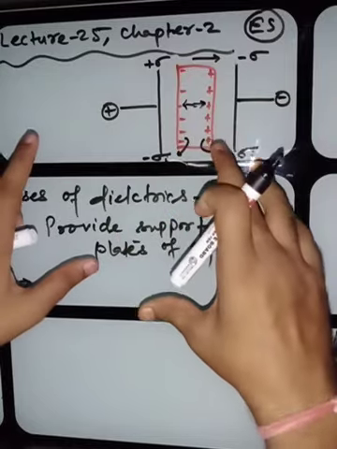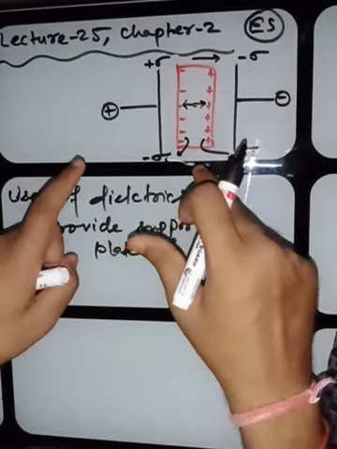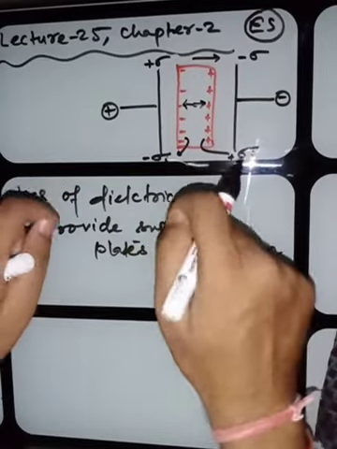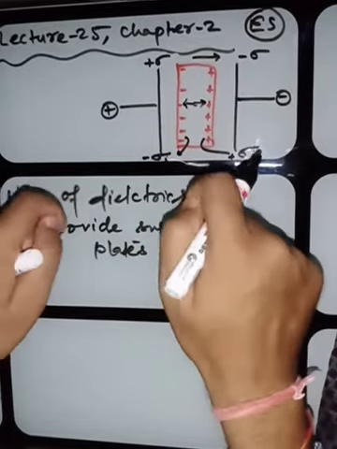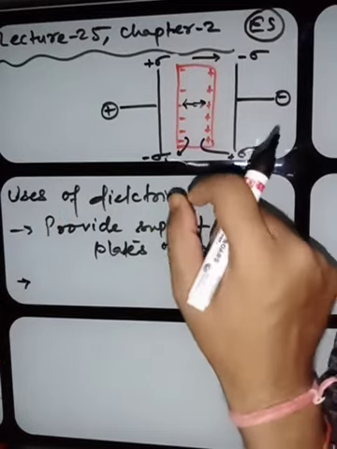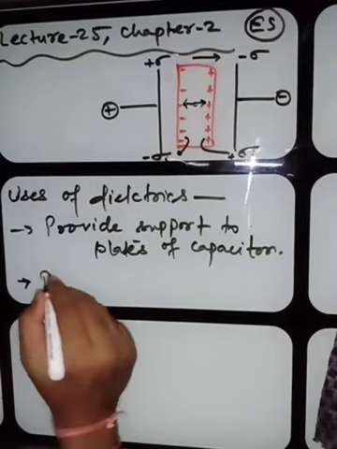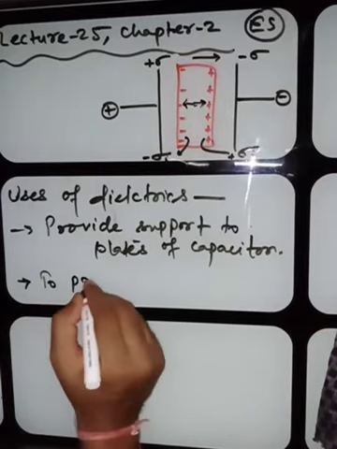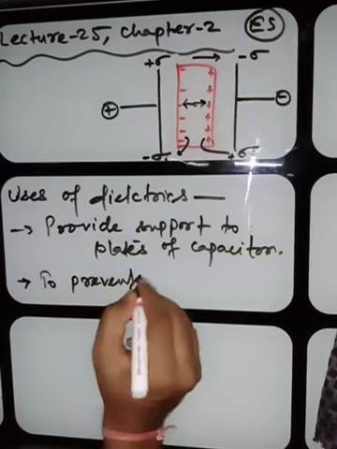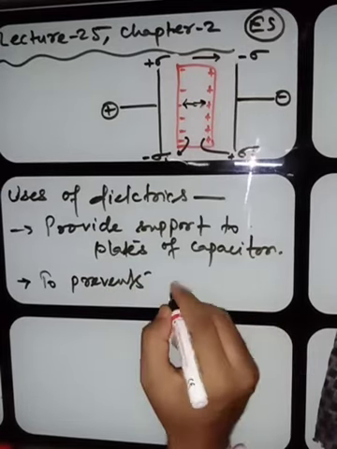Some dielectric materials which have higher dielectric strength than air are used to prevent electric breakdown. This is the second use, to prevent electric breakdown.